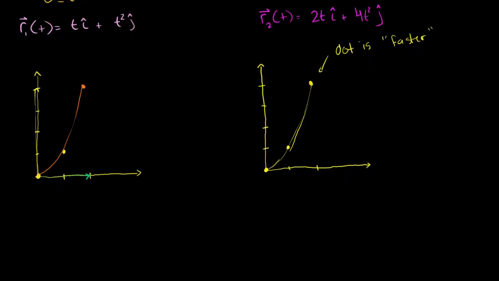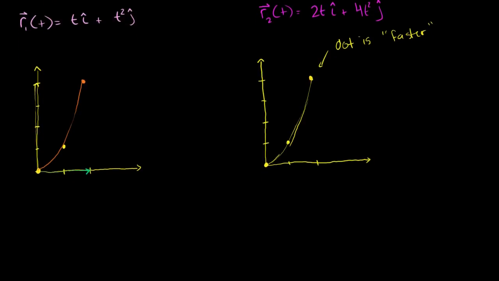Now let's look at the derivatives of both of these. If I were to write r1 prime of t, let me do it in a different color. I already used the orange, so let me do it in the blue. r1 prime of t is, remember, just the derivative of each of these times the unit vectors.